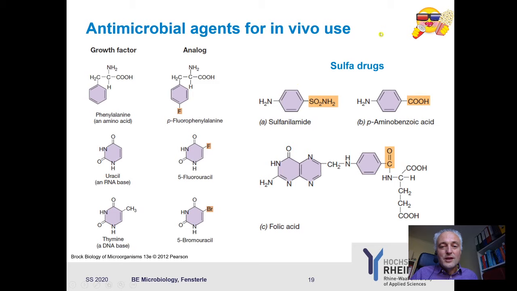If you have growth factors which are specific to bacteria, you can do the same, or additional factors like aminobenzoic acid, and then you can use this analog, which is sulfanilamide, and this could also be regarded as a folic acid analog. So this is just the basics of these synthetic antimicrobial agents.